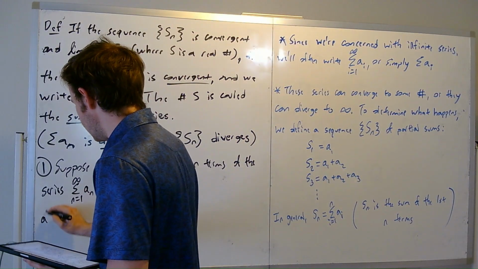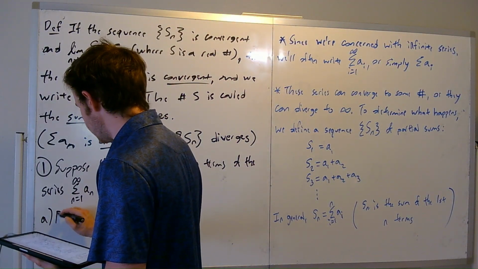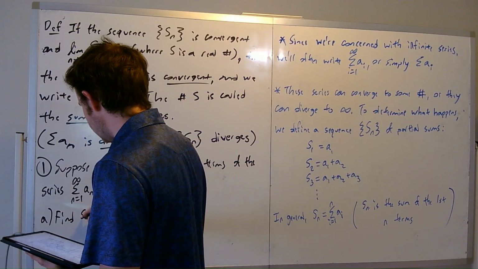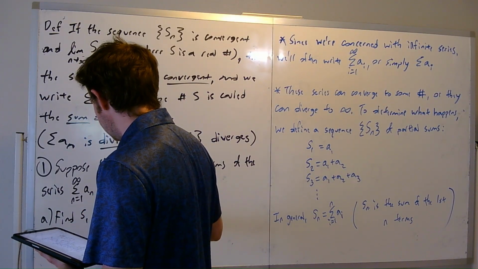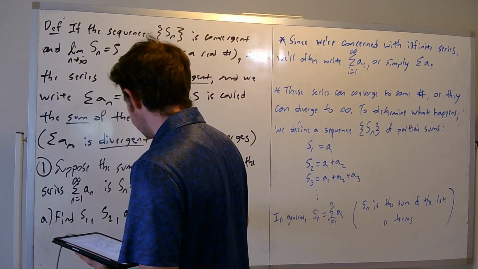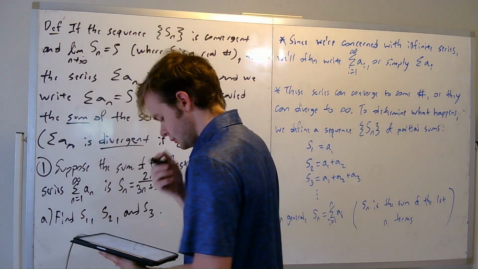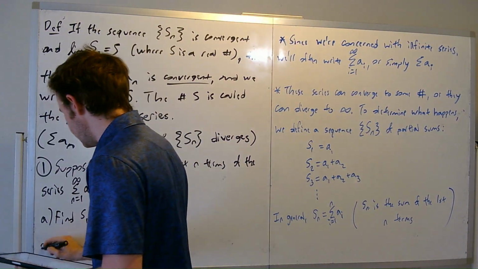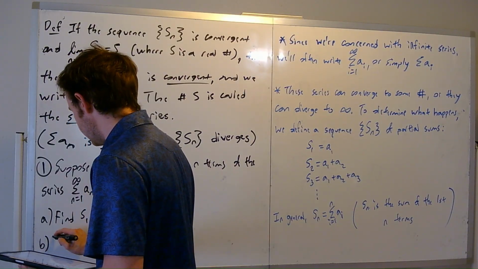Part A is going to say find S1, S2, and S3. And part B is going to say find the sum of the series.